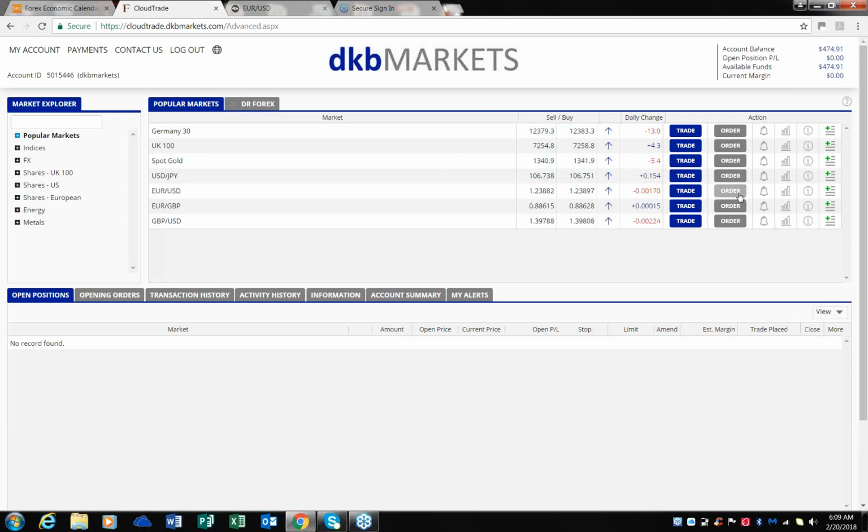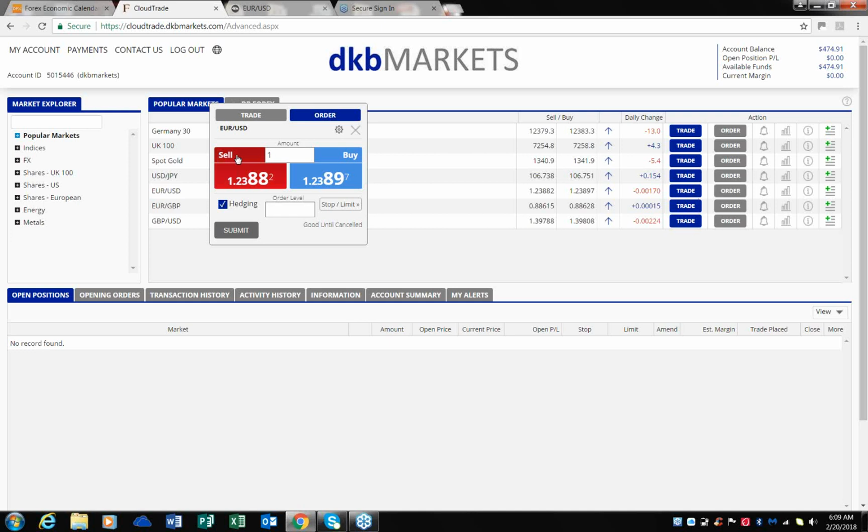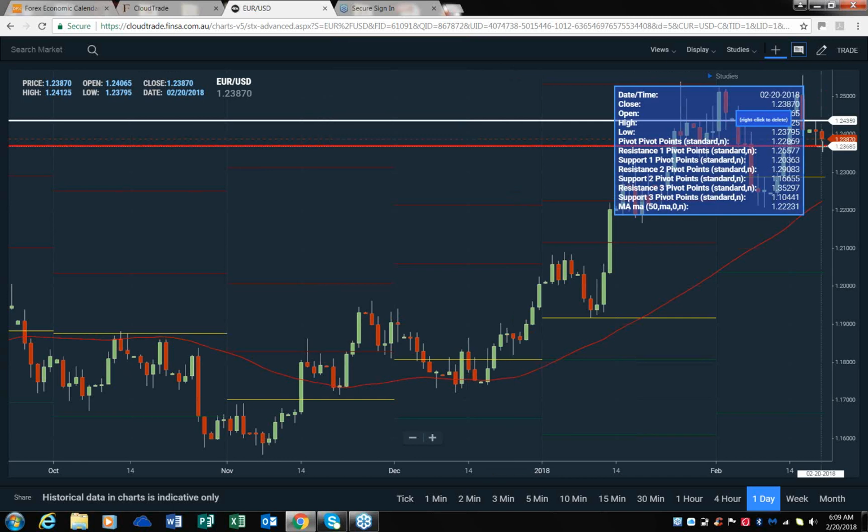So Euro US dollar, sell. Obviously you decide whether you want to use 50 cents per pip or $1 per pip, because you'll be risking about 100 pips. So 1.2221. We're just going to be selling just below the moving average in case it has a dramatic drop today and breaks the moving average.